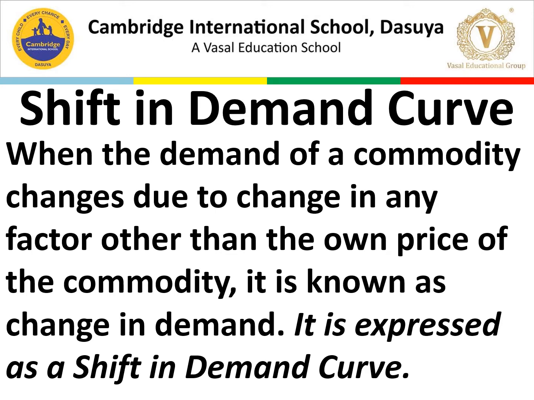If any change occurs in the demand because of factors other than the own price of the commodity, that we call ceteris paribus. All that change is called change in demand. In other words, we call it shift in demand curve. So let's begin. What are the two types of shifts?